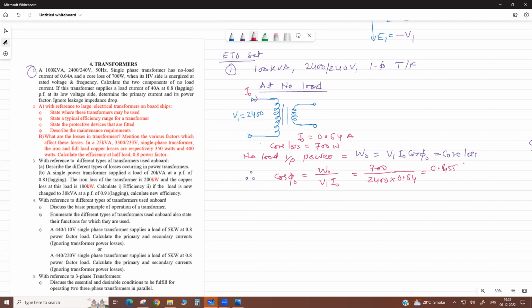So let us say it is 2400 into 0.64 inverse into 700.